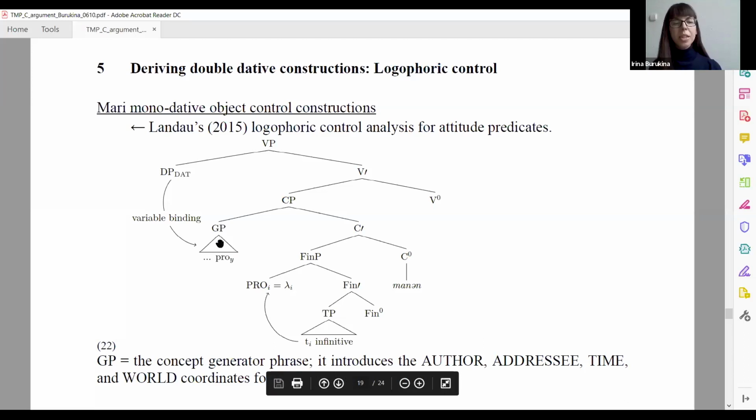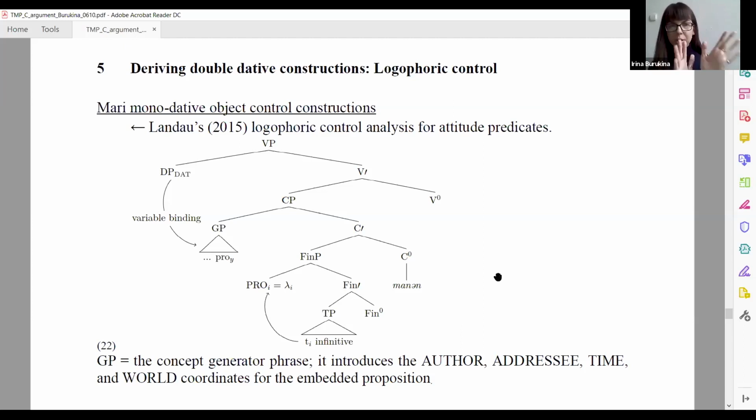And in this case, the addressee coordinate is the one crucial for us. So according to Landau, it is introduced in the spec CP as this silent pronoun. The pronoun gets bound by the matrix addressee, right? And then the pronoun itself is in this predication relation with the embedded FinP, right? So this is Landau's analysis.